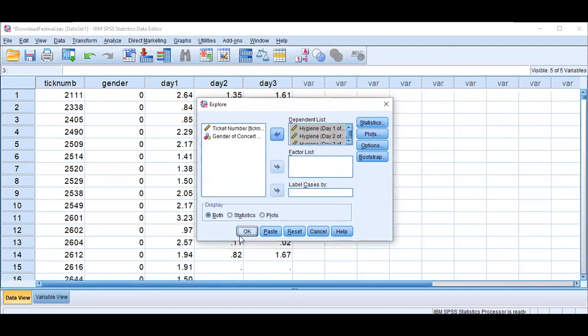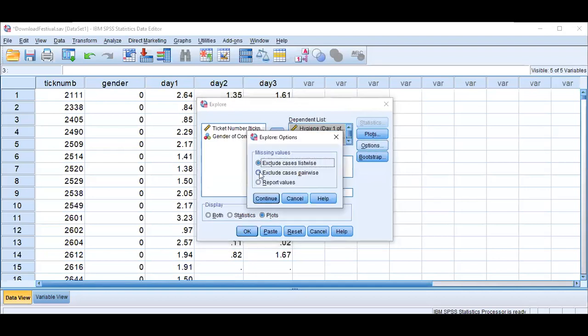Before this, because day 2 and day 3 have missing data, if we have missing data, then we will tick this option. You can see missing values here. You tick exclude cases. If you are using a file which has some missing cases, then you should select it.